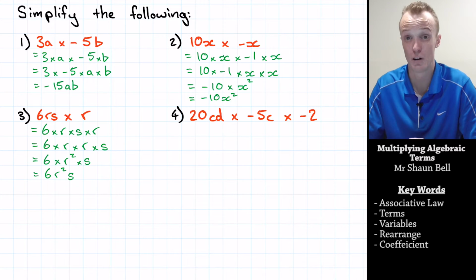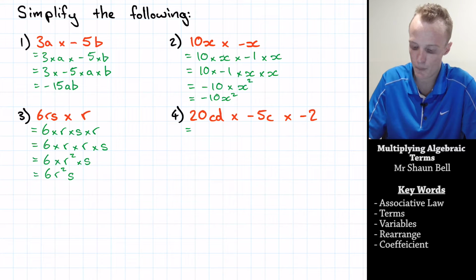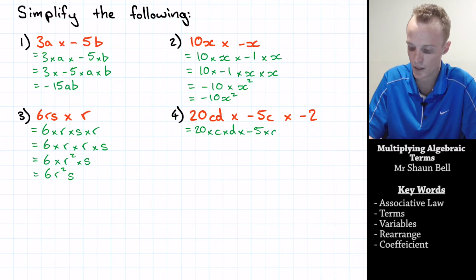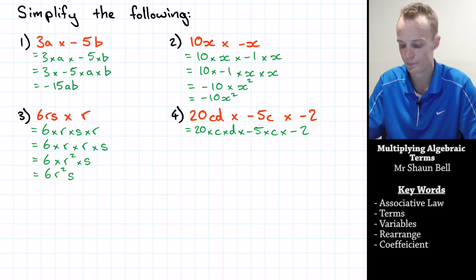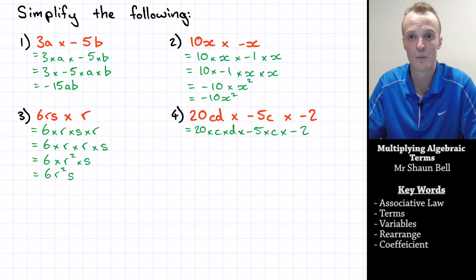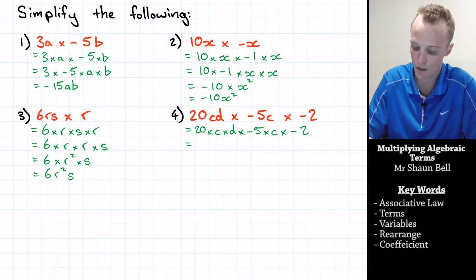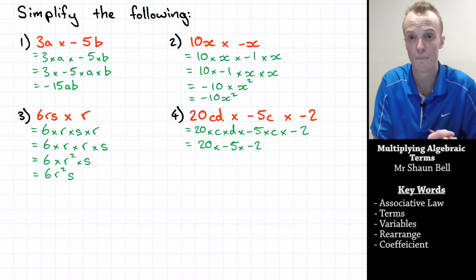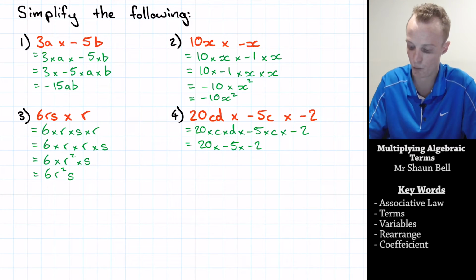But what happens if you've got a longer problem like I've got here? Well, you just do the same thing. We start by breaking it up. So it's going to be 20 times c times d times negative 5 times c times negative 2. And the associative law says I can rewrite it in whatever order because there's nothing but multiplication between each of these. So that's going to be 20 times negative 5 times negative 2, because I'm going to group the numbers at the start. Now I do the variables in alphabetical order.